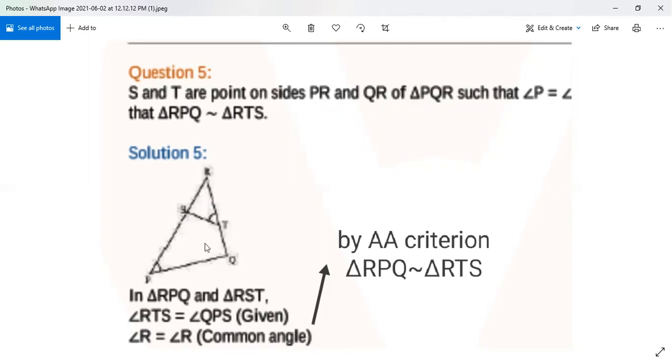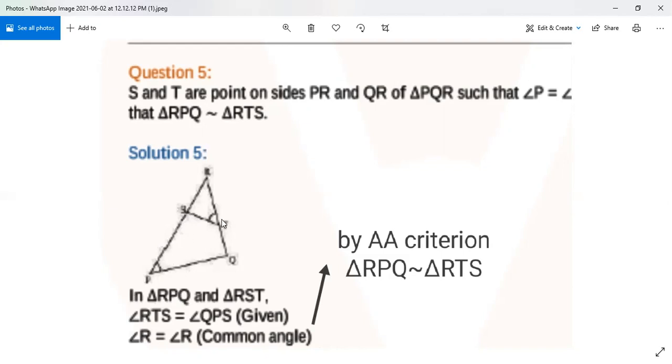You have to observe that from the figure. First you get the figure right, make the figure properly, and then you have to observe that this angle R is coming common to both the triangles. See, RPQ. So this angle R is in this big triangle, and then RST में भी ये angle आ रहा है. तो एक आपको मिलेगा that angle R is common to both the triangles, and second given है.